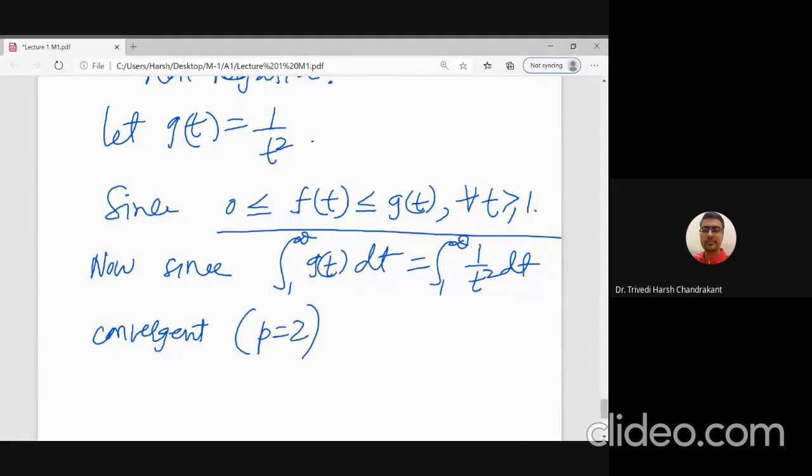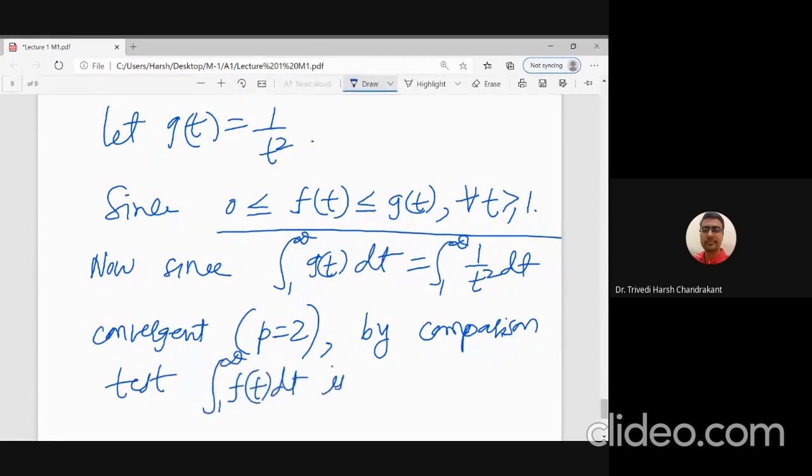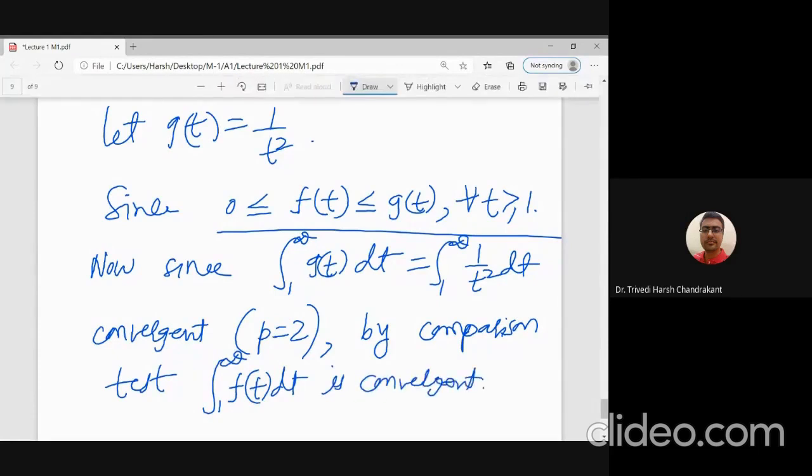So since this integral is convergent, by the comparison test, the integral of f(t) is also convergent.